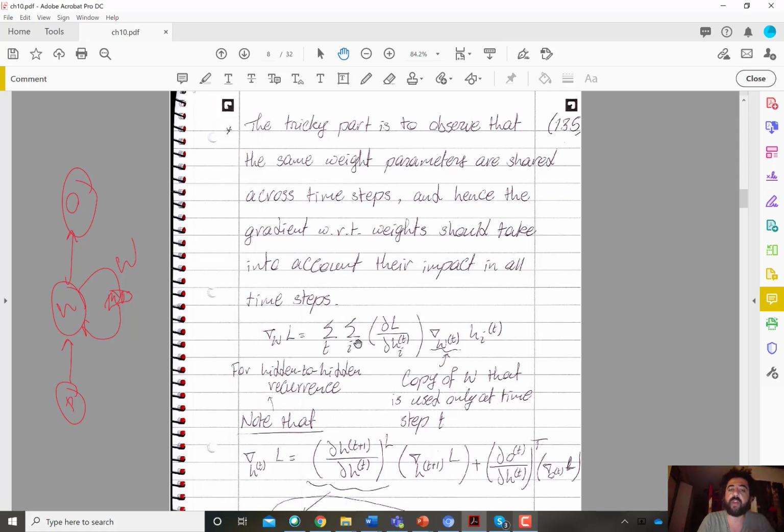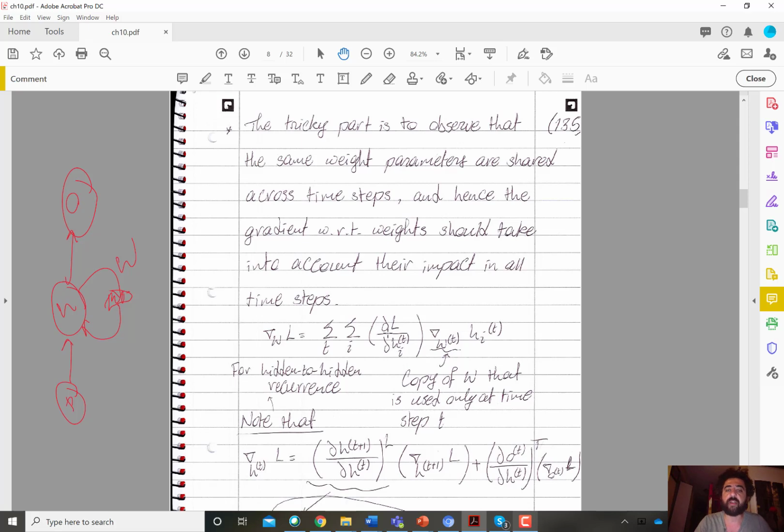And then for every one of these, we compute the gradient, or the Jacobian: the partial derivative of the loss with respect to every hidden unit hi at time step t, and we denote it by hi of t.